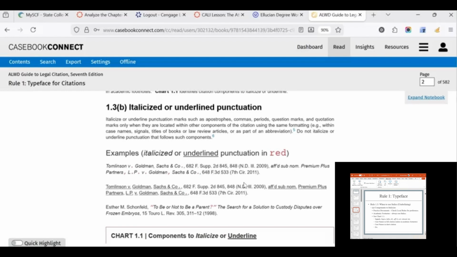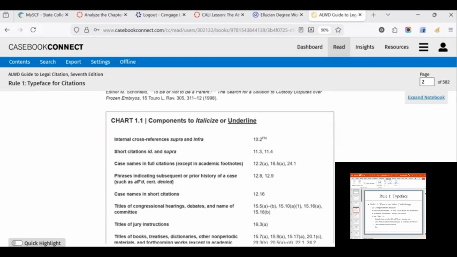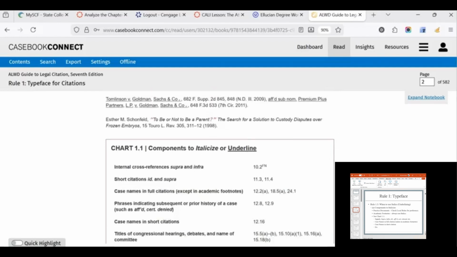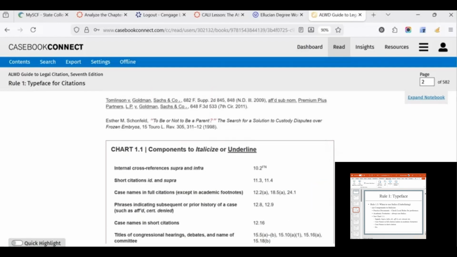So you have to pay particular attention to the components, such as if you look at Rule 12.1, so go ahead and flip over to 12.1, that is on page 57.